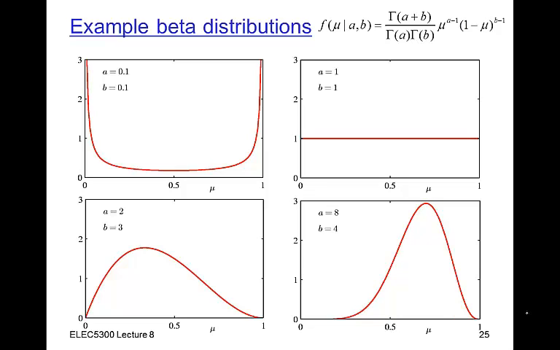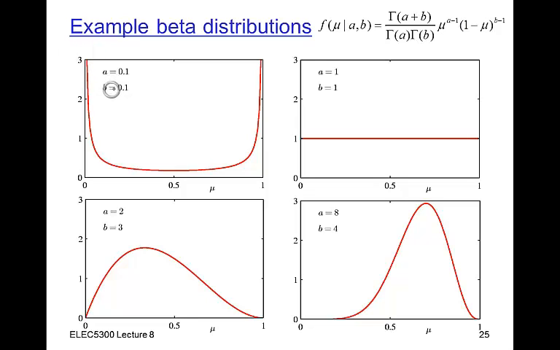Now, like I said, a and b can be any reals. They don't have to be integers, and here's just an example of that. When a and b are less than 1, then I get something negative. So here, if a is equal to 0.1, I get mu to the minus 0.9, so it's 1 over mu to the 0.9, and that goes to infinity at mu is equal to 0.